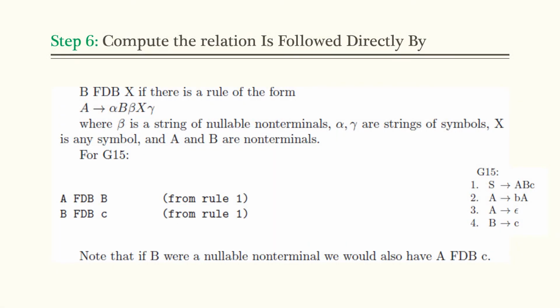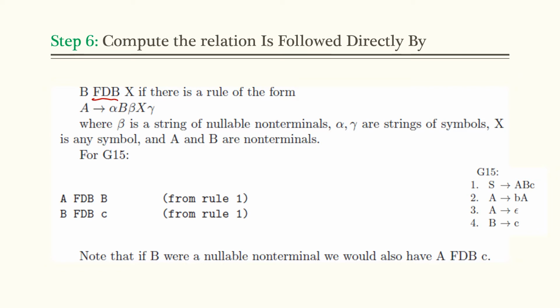Hi everyone. For this video, we will continue with step number 6 for finding a selection set for LL1 grammar. Step number 6 is to compute the relation is followed directly by, the short form would be FDB.